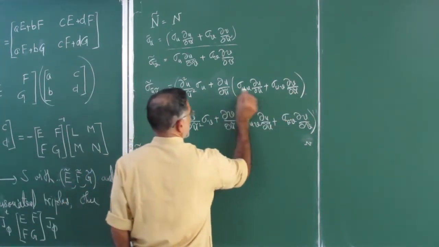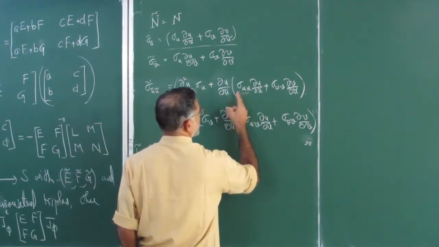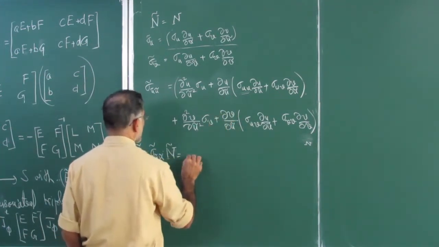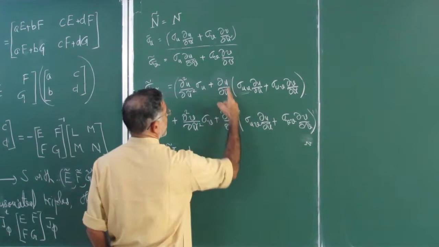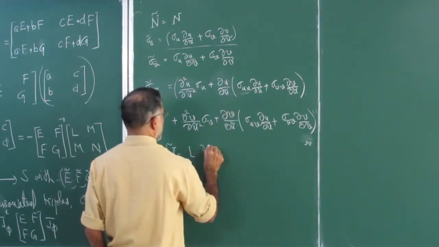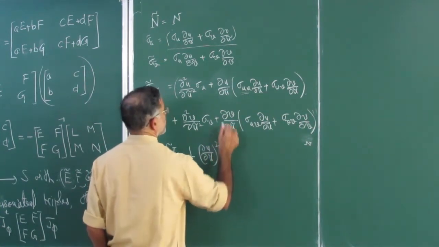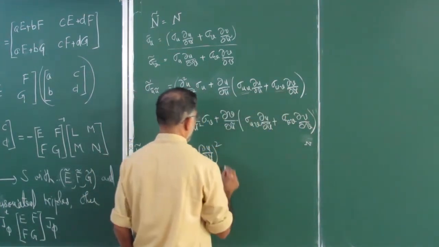So here there is a scalar part, there are vector parts. So sigma uu dot n, and that is equal to L, times del u by del u tilde the whole square. You can see. Next is, this is the vector part.